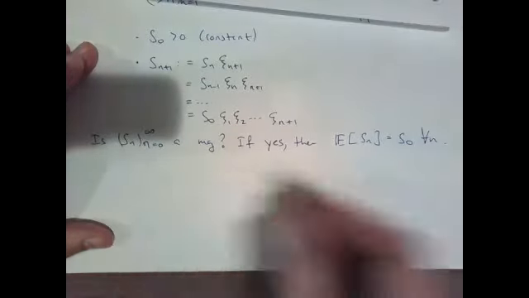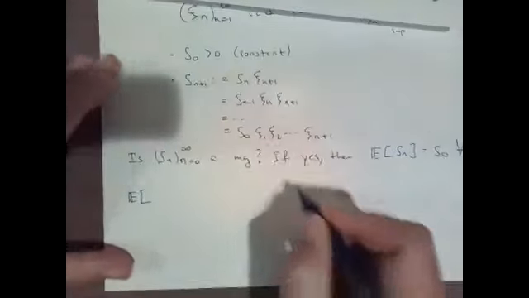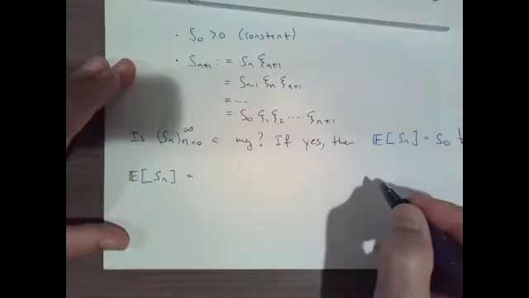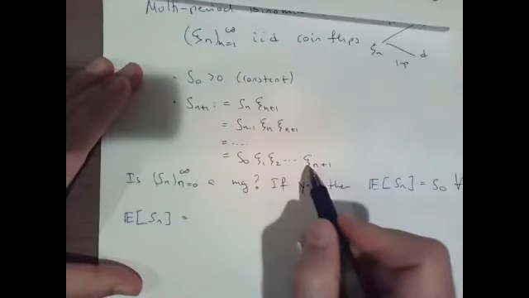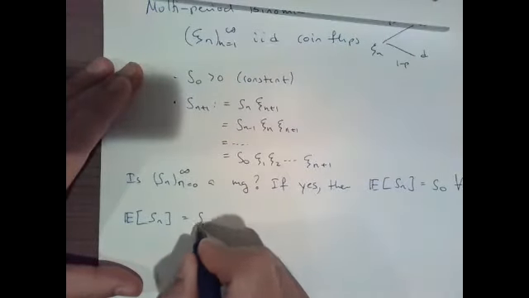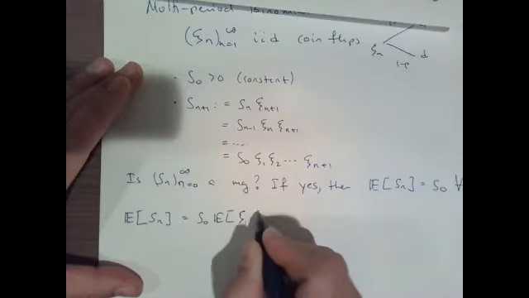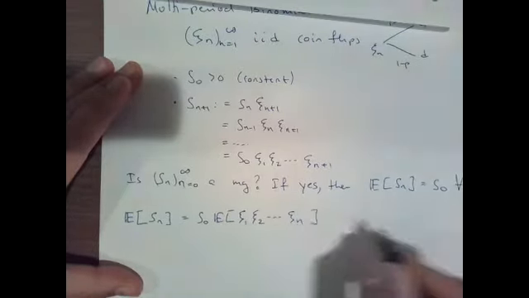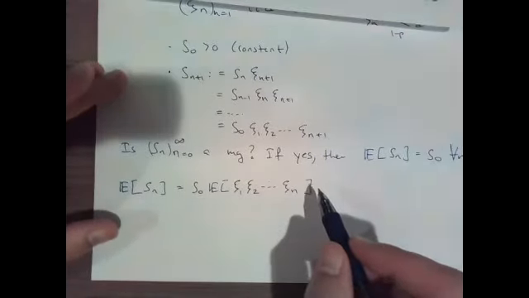So let's try to work out what the expectation of Sn is. We'll use the formula: this here will be S0 times the expectation of all these coin flips. And these were given to be independent.